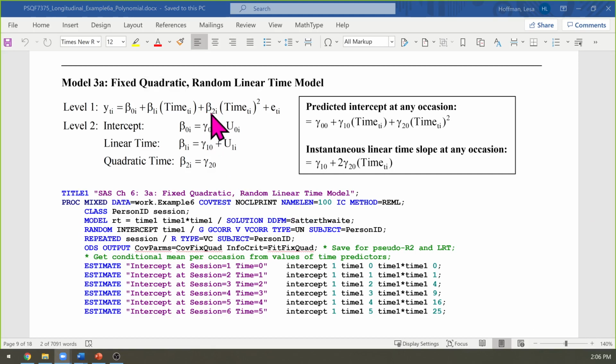Because I am picking up a beta 2, I have a third level 2 equation. At this point, the third equation is sort of silly because all it has is a fixed effect. But in keeping with the system of notation in which each effect at level 1 becomes an outcome at level 2, potentially, we keep it this way. So gamma 20 is the new term that I've added.